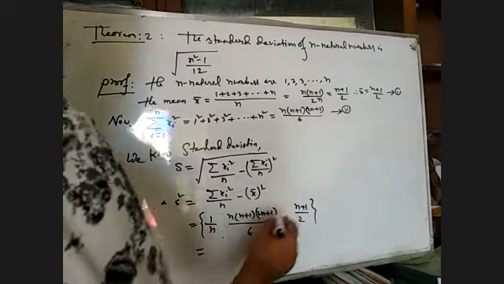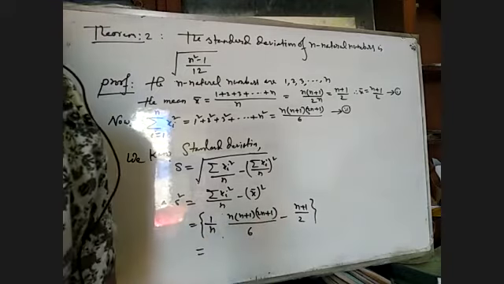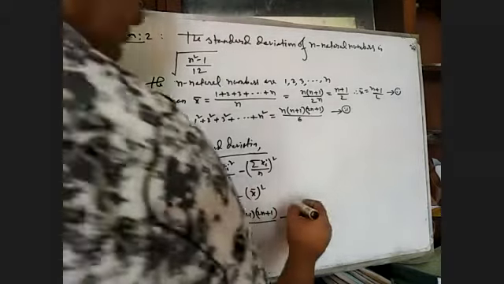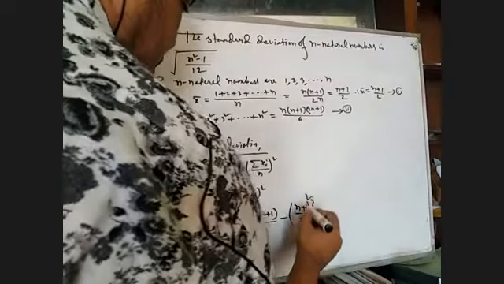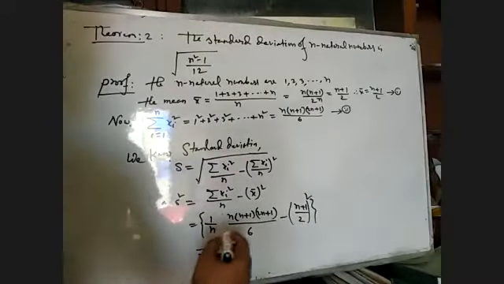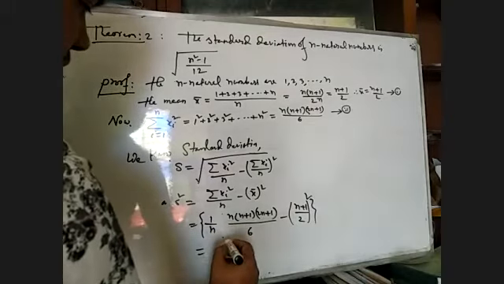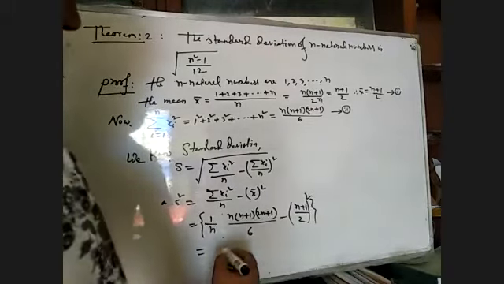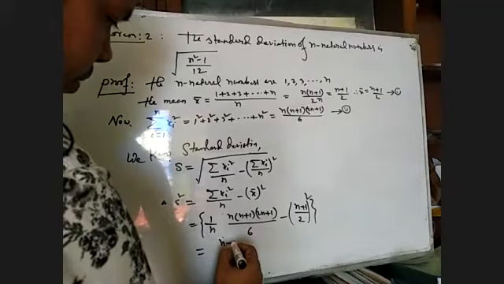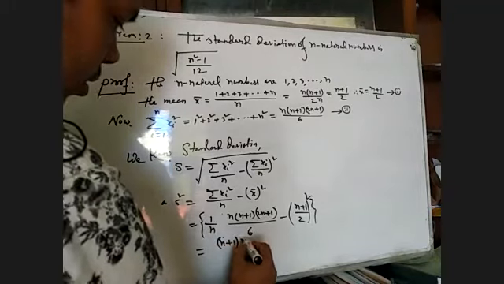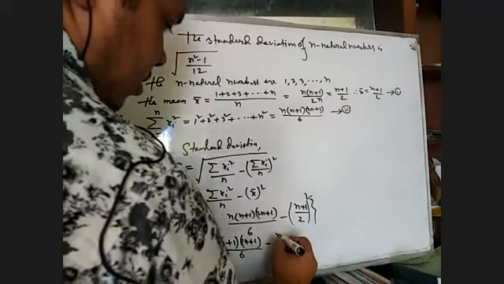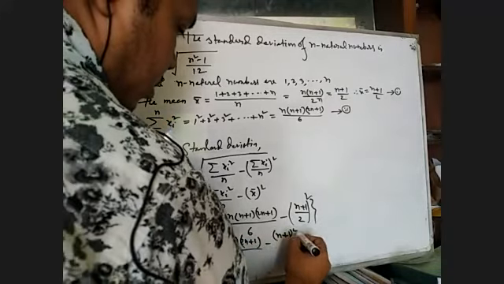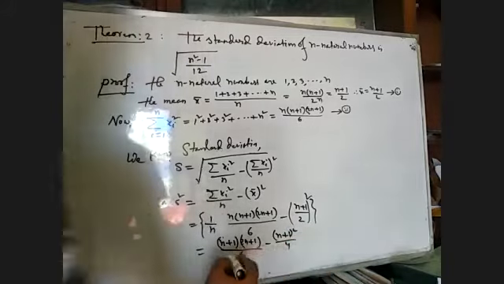So n plus 1 will be common, and there will be square. Okay. And n will be cancelled. We get n plus 1, twice n plus 1 by 6 divided by 4.